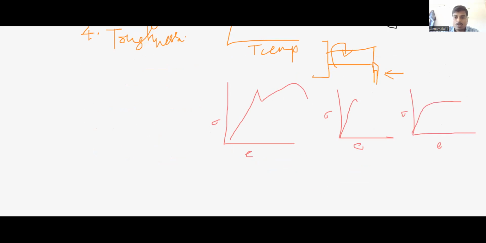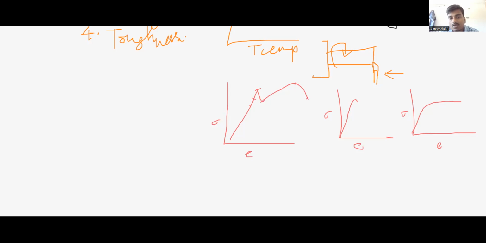From the stress strain diagram, many mechanical properties can be interpreted. For example, this is the proportional limit, then the elastic limit, the upper yield point, the lower yield point, the ultimate point, and the breaking point.